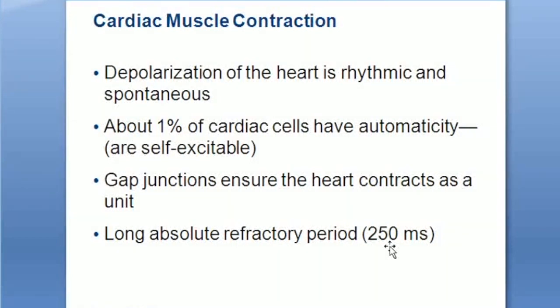It's impossible because the heart has an absolute refractory period that's long enough to make it rest after every contraction. It protects the heart. That does not mean the heart always beats right, or can't flutter and do all kinds of crazy things. It just means it cannot go tetanic and seize up and stay in contraction.